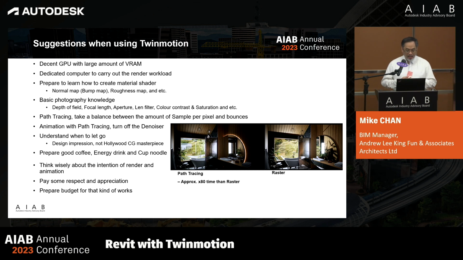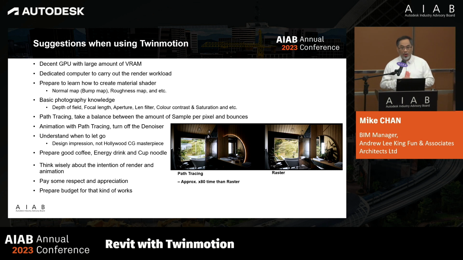And the other technology is path tracing. Don't go crazy for it, okay? You need to balance the sample count and the bouncing. Basically, path tracing is similar to ray tracing: in a scene there is a certain amount of light points, and they bounce back.